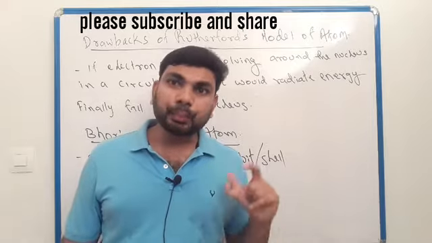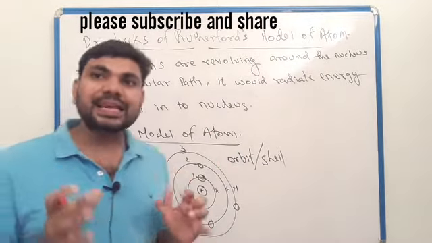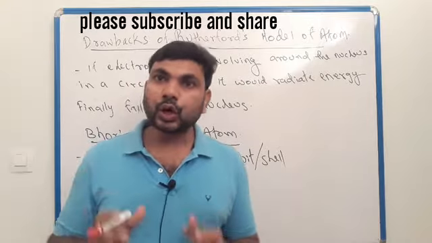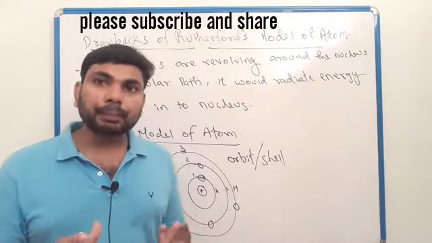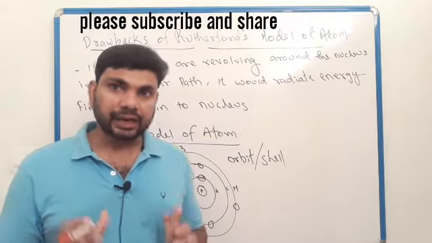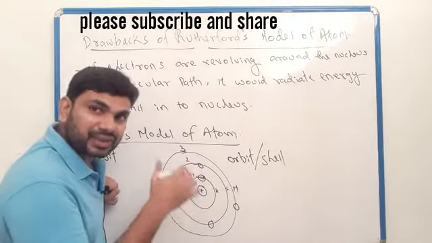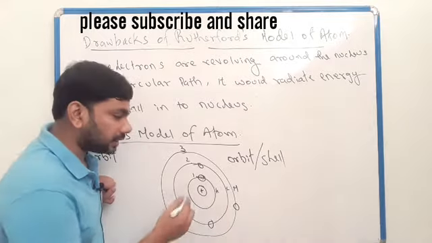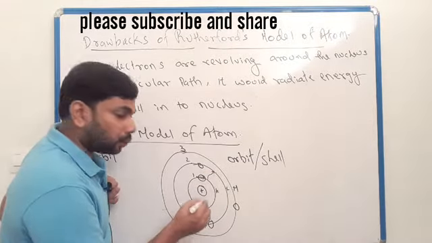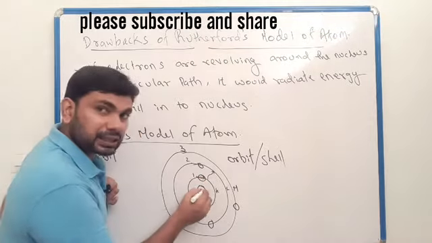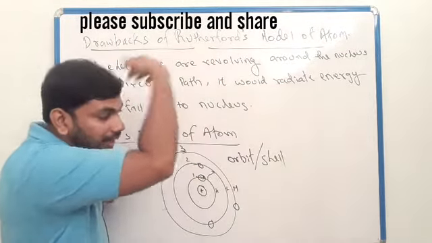Also, according to the Bohr model of atom, each orbit has a fixed amount of energy. Each orbit, first orbit, second orbit, third orbit, each has fixed energy. Okay, here if an electron in the first orbit receives energy, then this electron will go to a higher energy level.